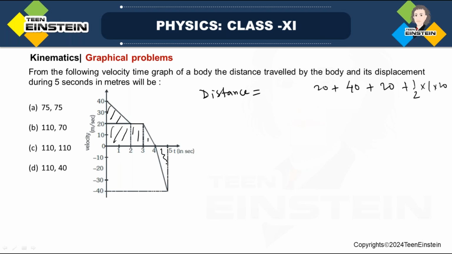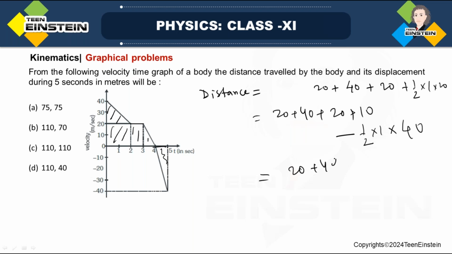Now this part, now negative part is this much, see here half base is 1 into height is 40. So this is actually 20.